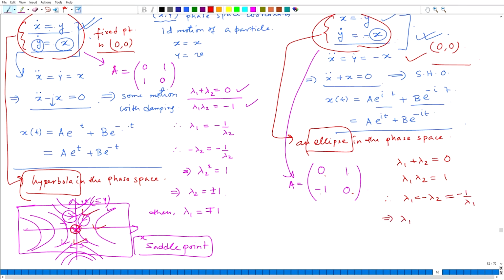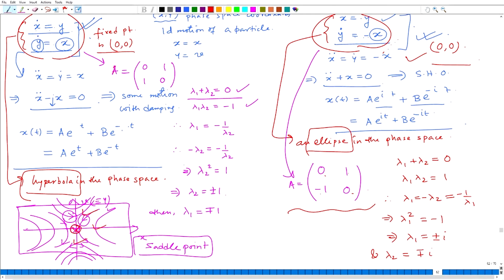So, lambda 1 square should be equal to minus 1, and so lambda 1 will be equal to plus minus i, and lambda 2 will be equal to minus plus i. So, this is a case where you have the two eigenvalues again distinct with different signs, but purely imaginary. And you have an elliptic trajectory in the neighborhood of the fixed point. Now, the fixed point is again 0 0 here.